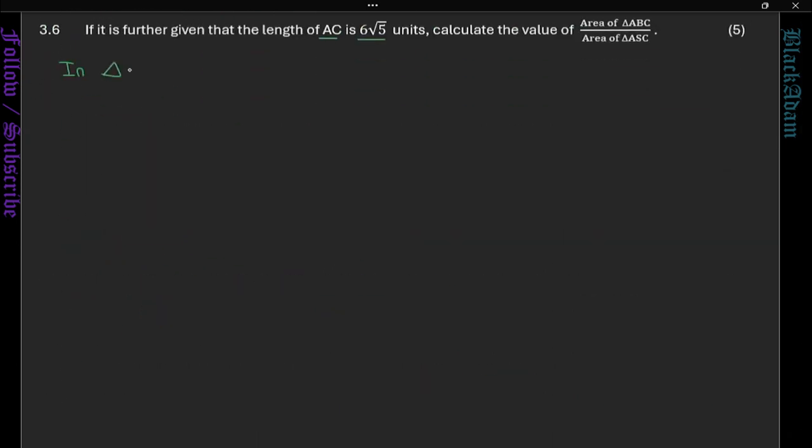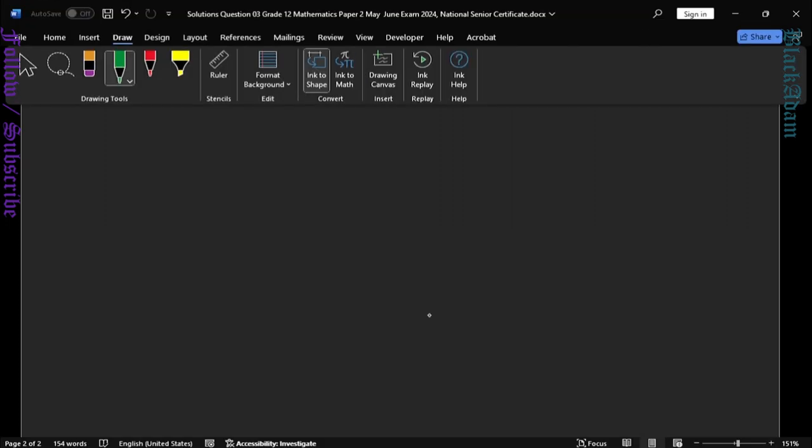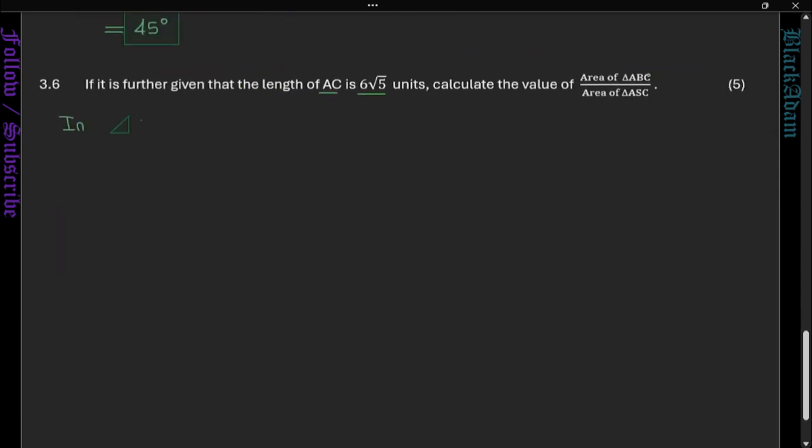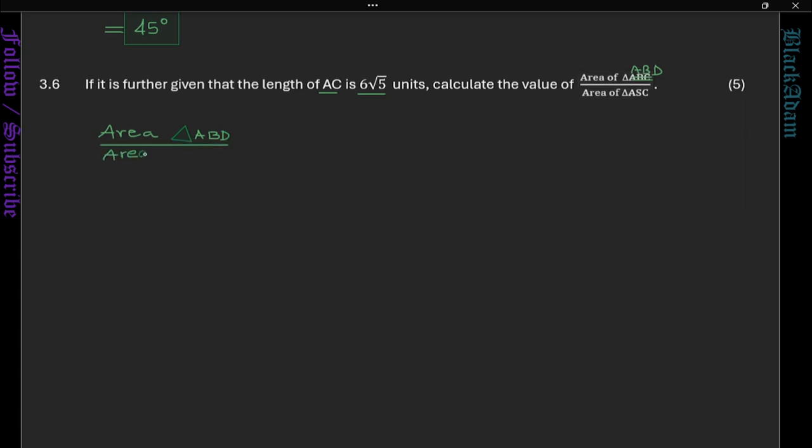We find that in triangle ABD over triangle ASC, that's going to be the area of triangle ABD all over the area of triangle ASC.